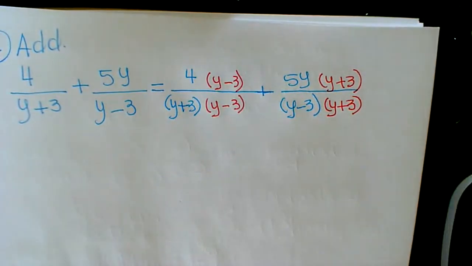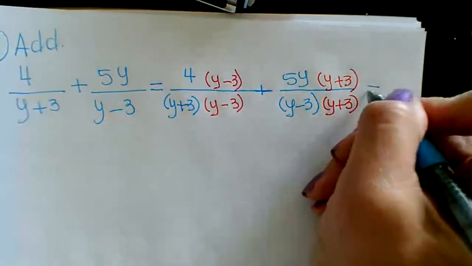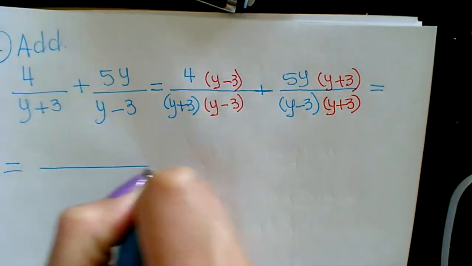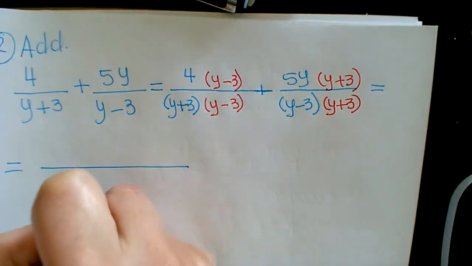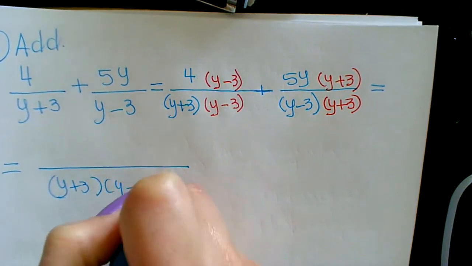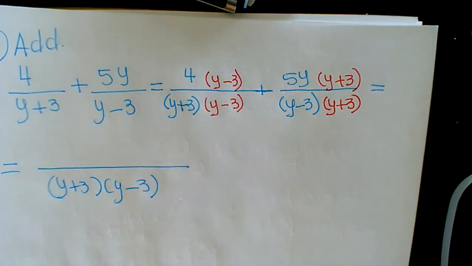There we go. Got my lowest common denominator, which is y plus 3 times y minus 3.